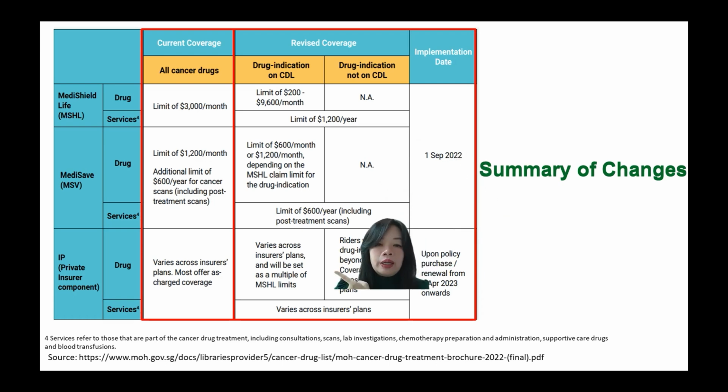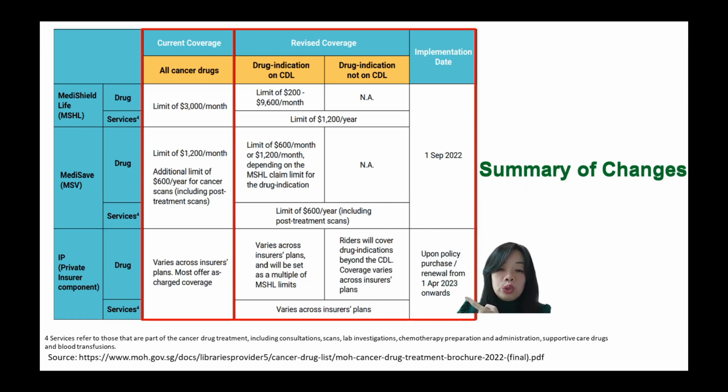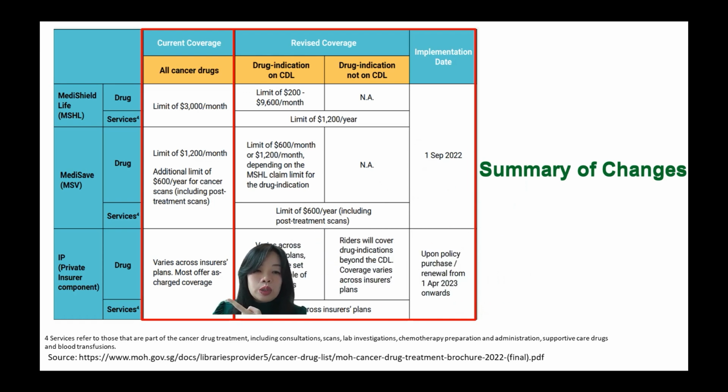Okay, so that is, since 1st September 2022, the changes have already kicked in. Upon the renewal of the insurance policies from 1st April 2023 onwards, upon policy purchase or renewal, the benefits will vary across insurance plans that previously used to provide as-charged coverage with no limit, up to the plan limits.